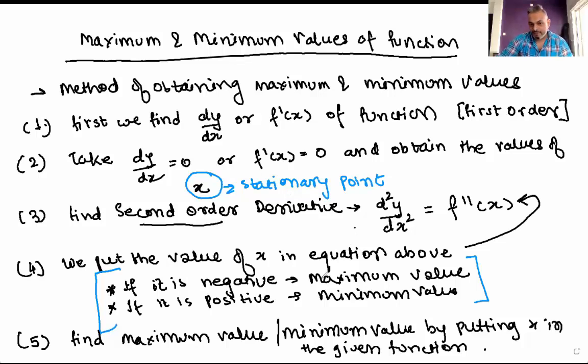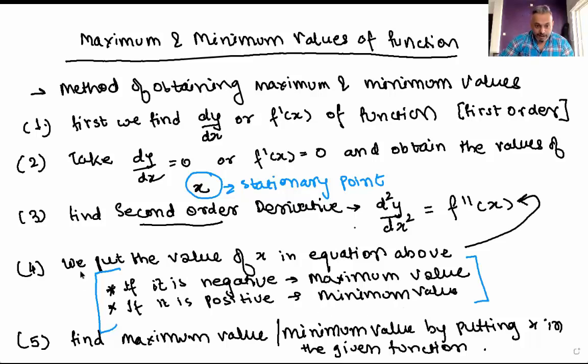Once we put it in the equation, if the answer is negative, it means with that value of x you will get the maximum value of the function. If by putting x in this equation you get positive, then for this value of x you will get the minimum value of the function.